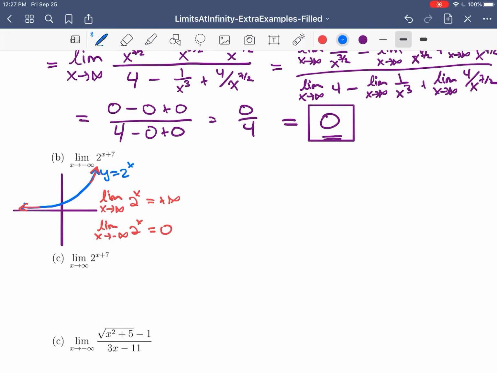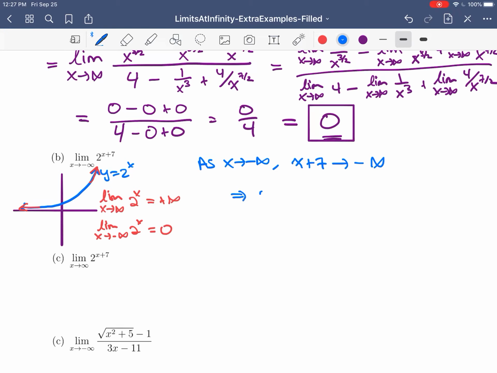So as x goes to negative infinity, what is x plus 7 doing? Well, x is going to be a really, really big negative number, and I'm going to add 7 to it. That's not really doing anything, so I also have a really big negative number.